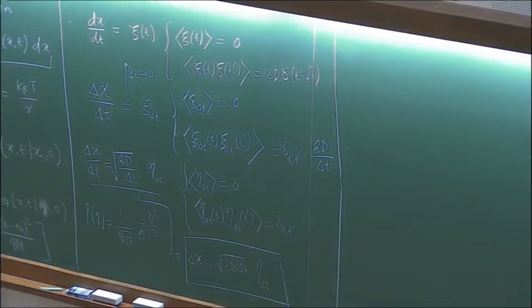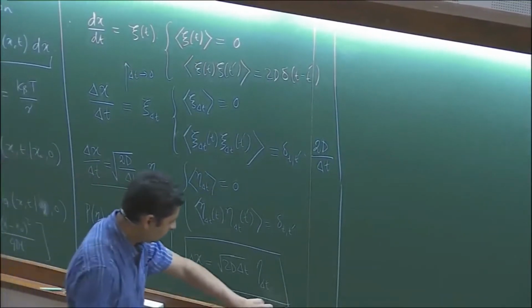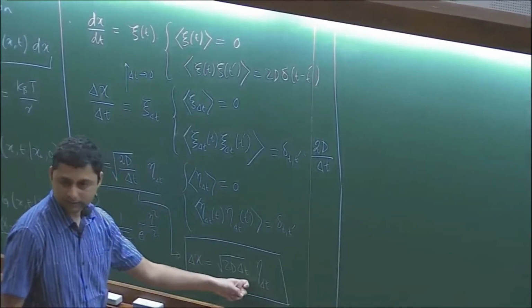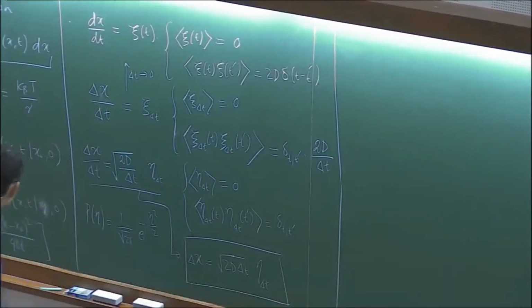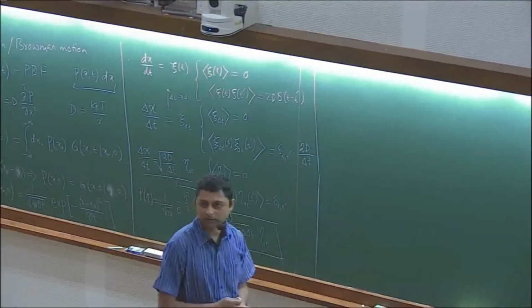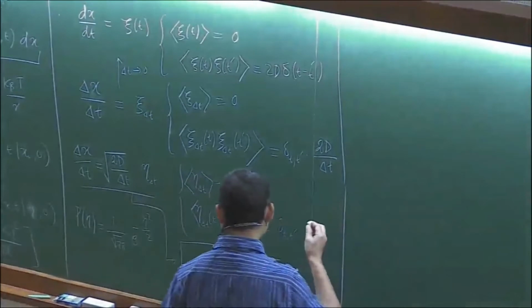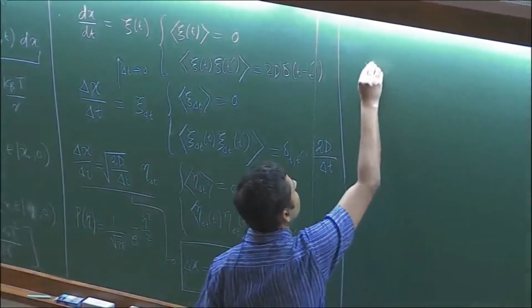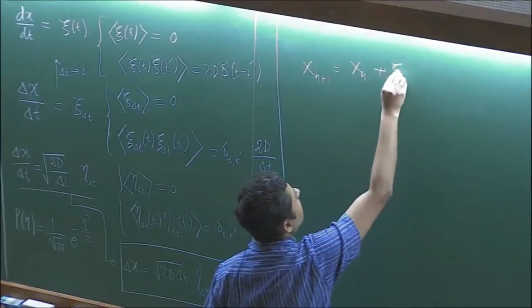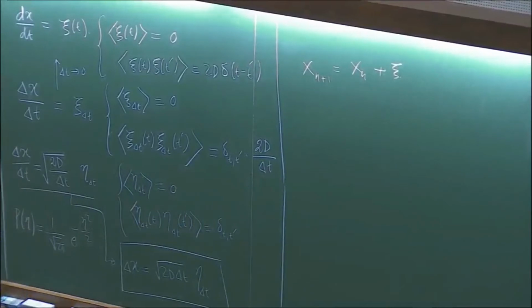let's do one more exercise, because I know now how delta x scales with delta t, and this is a noise with unit variance. So I should be able to compute this probability directly without going through this step, right? You remember yesterday Abhishek did this generating function method. He wrote down this equation x n plus 1 is equal to x n plus this noise, right?